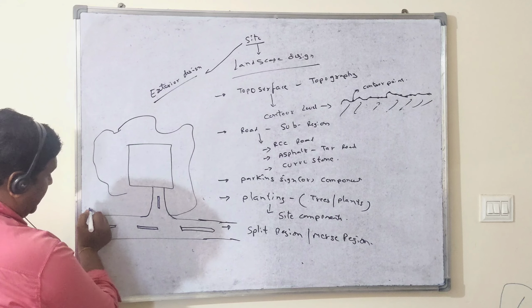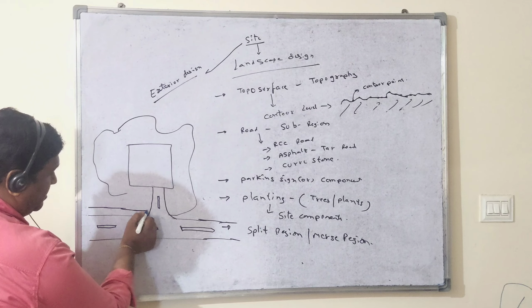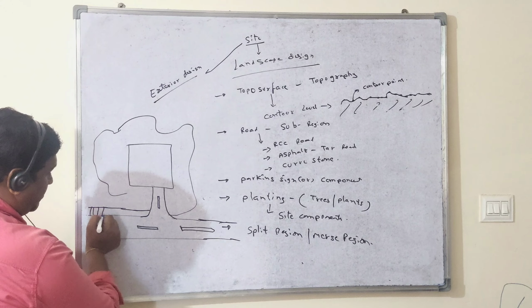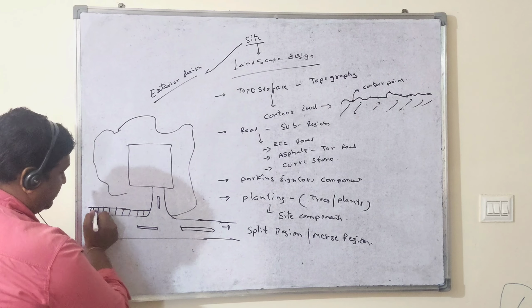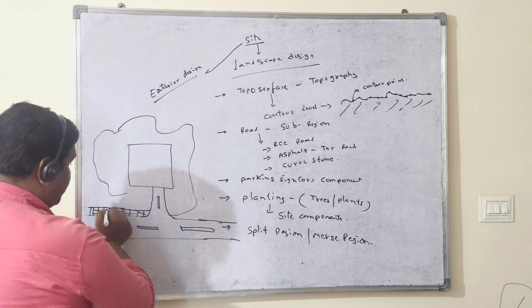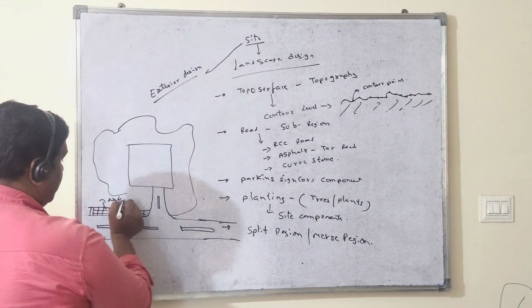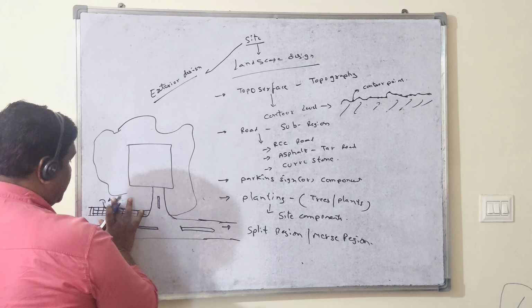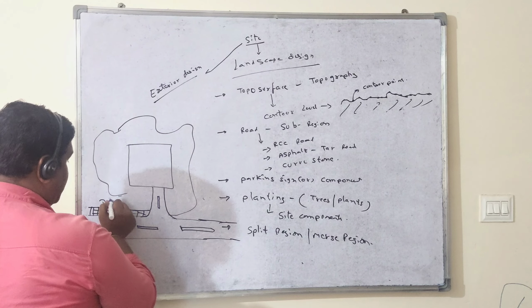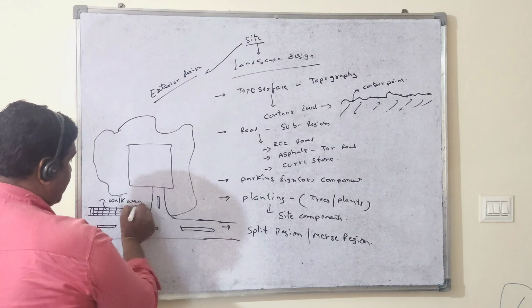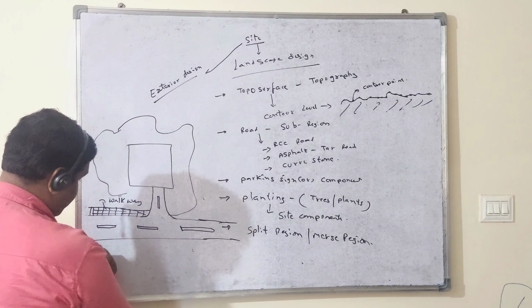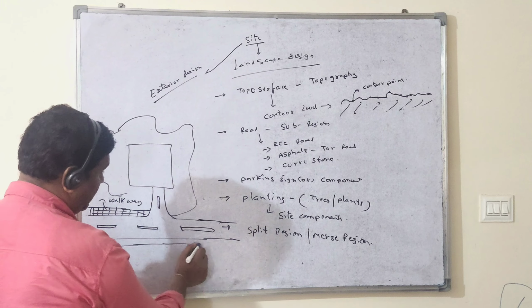And beside the road again we have to provide some parking stones here for the walkway. Because of the pedestrians, the footpath we can say, that we will call a walkway. So the walkway you have to give on both sides. Here also you have to give the walkway, and here also.